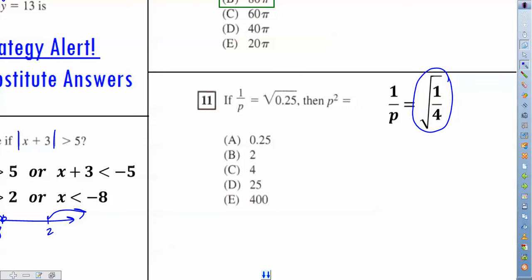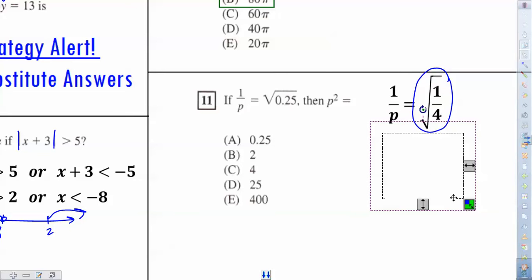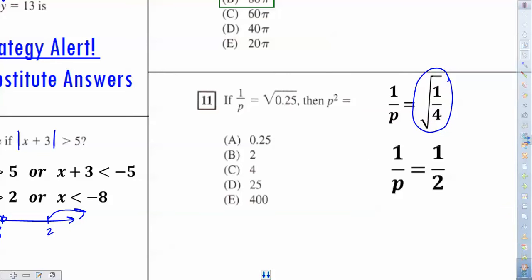You can square root the top and you can square root the bottom. So the square root of 1 is 1, and the square root of 4 would be 2. So we'd end up right here. Now notice if we have an equivalent statement here and the 1's match the 1's, then shouldn't p be 2? And if p is 2, p squared's got to be 4. Booyah.